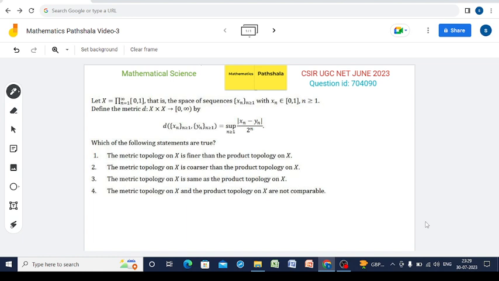The metric d is defined here in this way, and we now show that the topology induced by this metric will be the same as the product topology on X. So the product topology on X and the metric topology on X will be the same. So options 1, 2, 3 will be correct and option 4 will be false.